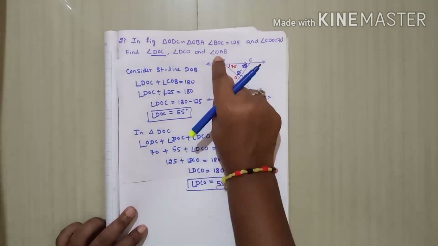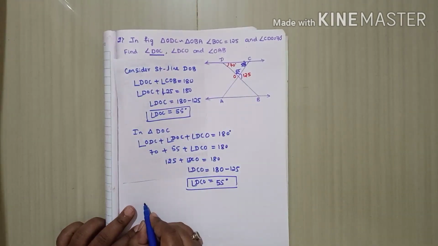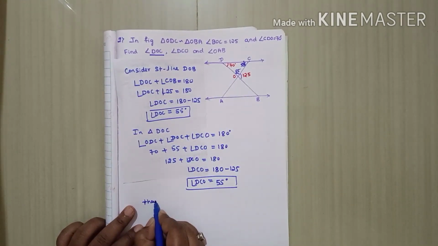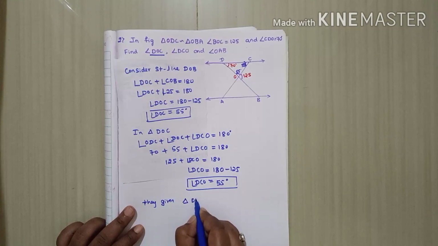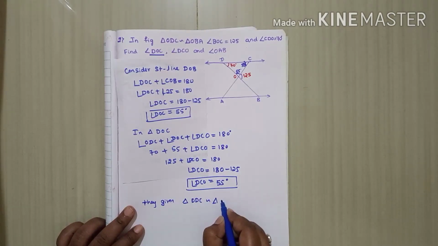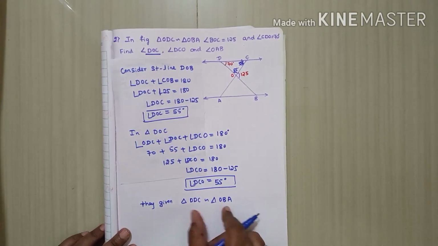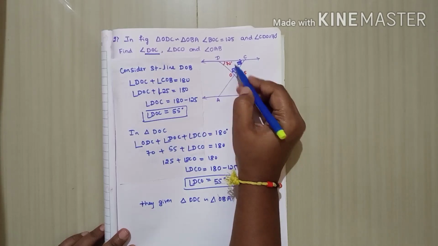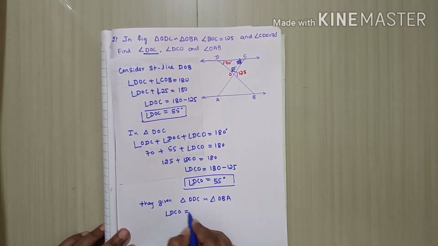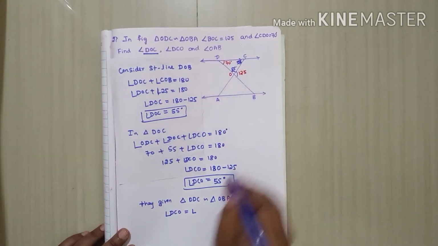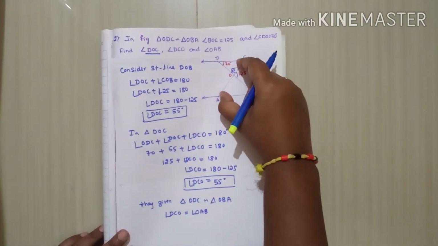Now we have to find OAB. What have they given in the question? Triangle ODC is similar to triangle OBA. We know that if the triangles are similar, corresponding angles are equal. So here DCO is equal to OAB. These two angles are corresponding angles.